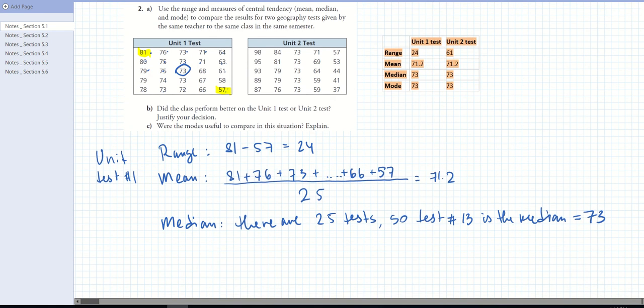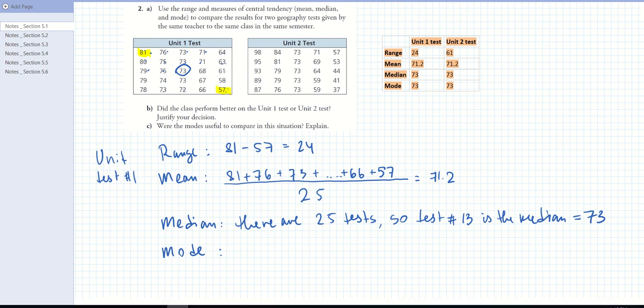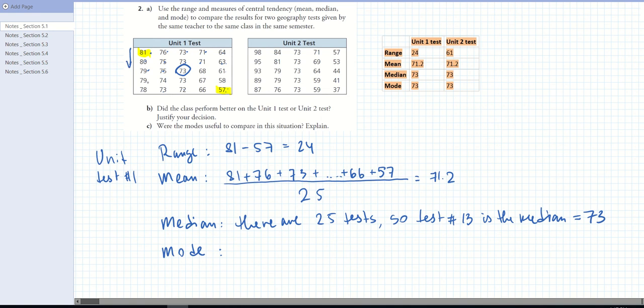Then we have the last one, which is the mode. The mode is the value that occurs the most times. Actually, let's see, are these arranged from highest to lowest? Looks like they are. They go from top to bottom on every column, not left to right.